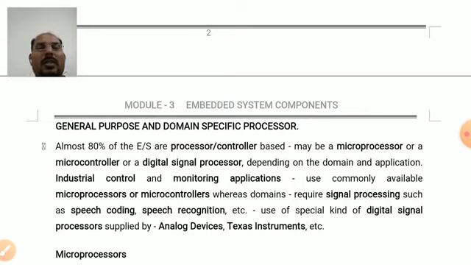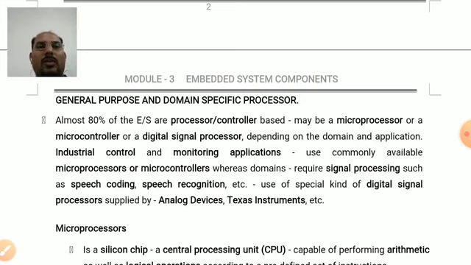Almost 80% of the embedded systems are processor or controller based. When I say processor or controller, the processor could be a microprocessor or controller could be a microcontroller. Other than these two, it could be a digital signal processor, depending upon in which domain and which application we are using.